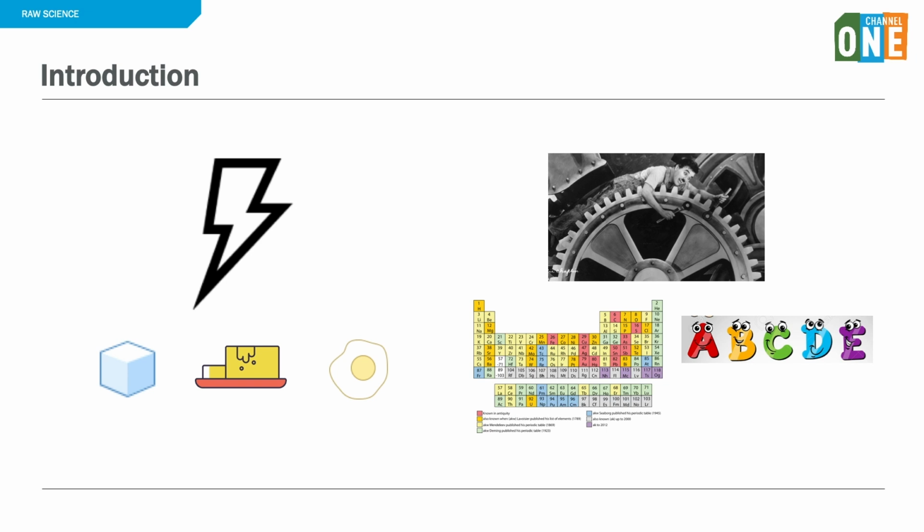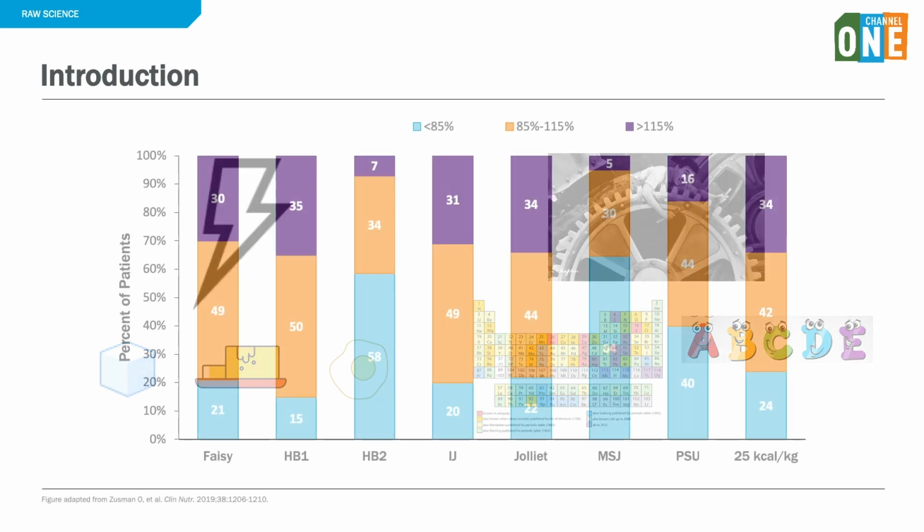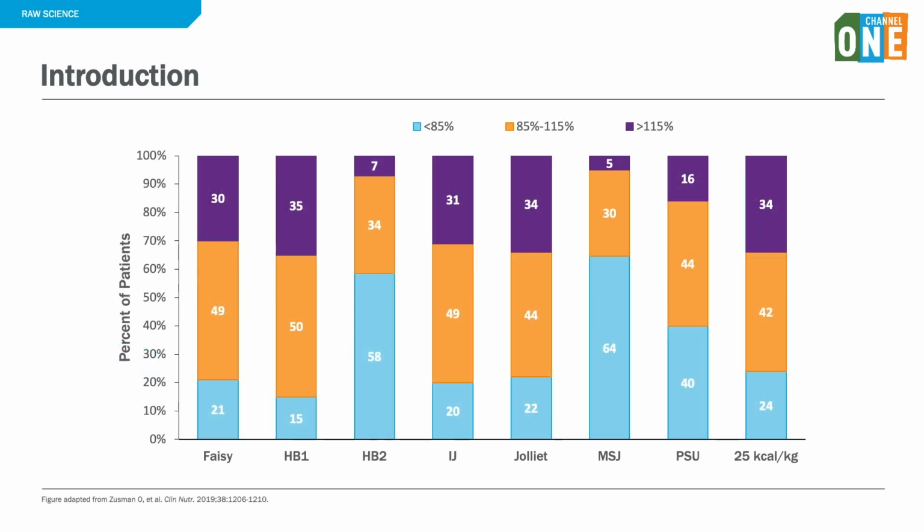So your patient's mechanism is still working. Why do we need to measure the energy expenditure? Well, I think you know that when you use predictive equations, at best you will have the right energy expenditure in 50% of cases, and you will overfeed or underfeed your patient.